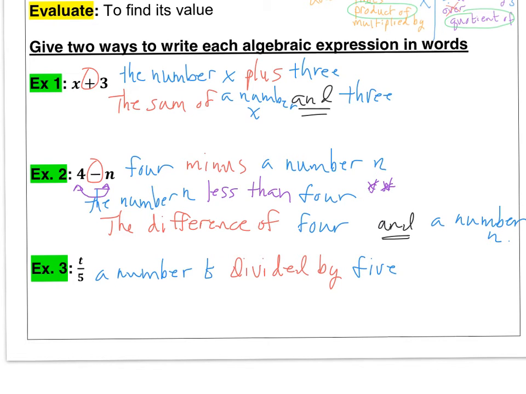If we're going to use that phrase quotient of, remember that phrase always comes first. So the quotient of, and 100% of the time it's accompanied by the word and. And so what are the two things we're dividing? The number t.